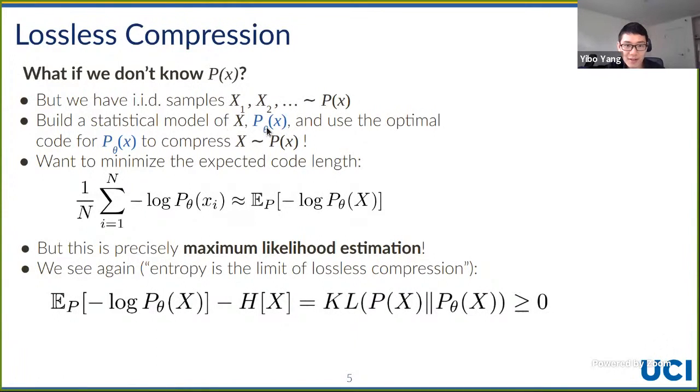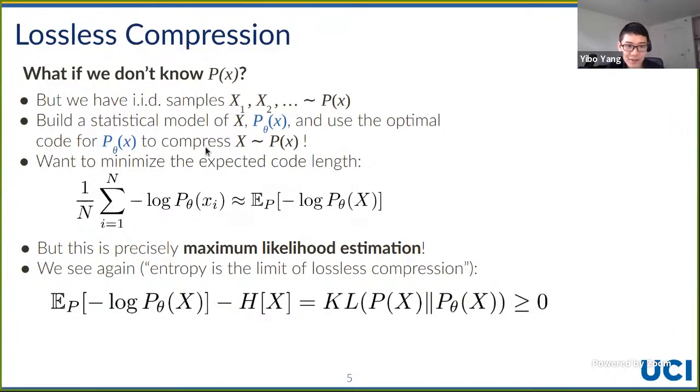Call it P sub theta of X. So this will be a surrogate in place of the true distribution. And then we can apply Huffman coding to this approximate distribution and use the code that we designed for this model to compress the original source instead.